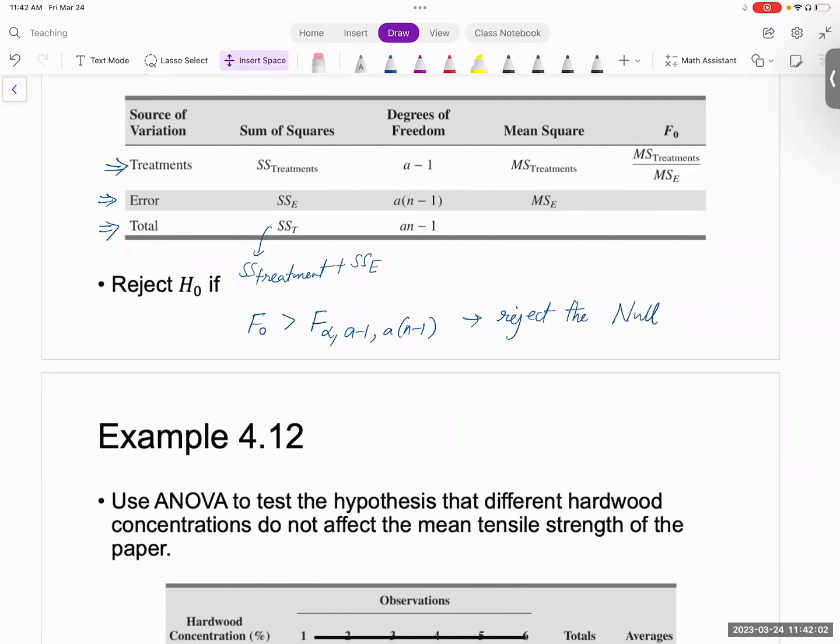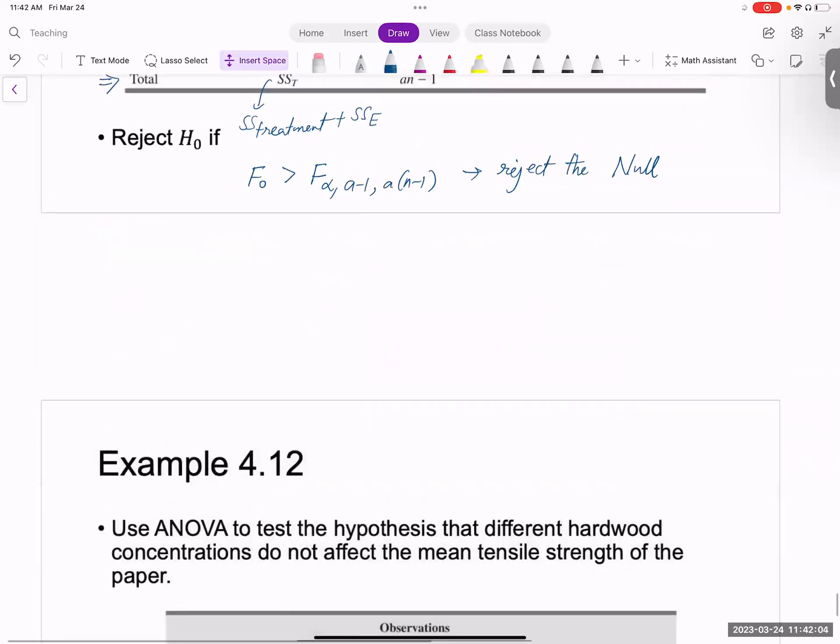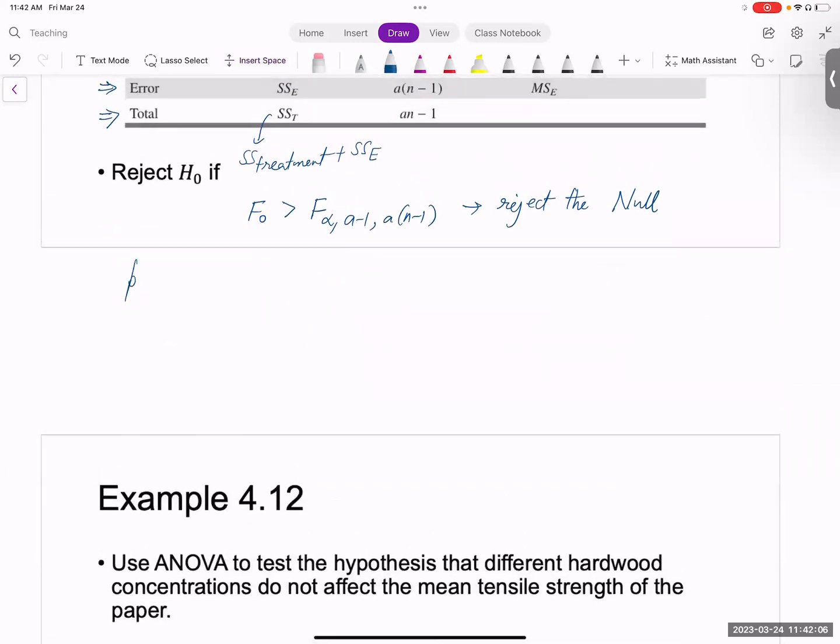This is the rejection region approach. If you want to compute the p-value, you can compute p-value equals 1 minus F CDF of 0, comma, F0, comma, a minus 1, comma, a times (n minus 1). That's what you would do on a calculator, and then you get the p-value. And if the p-value is less than alpha, then you reject the null hypothesis.